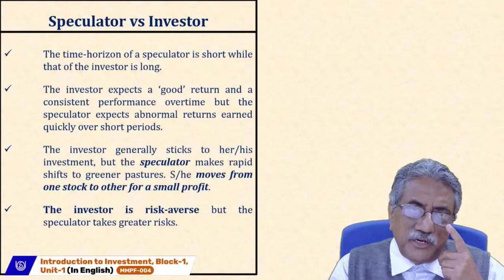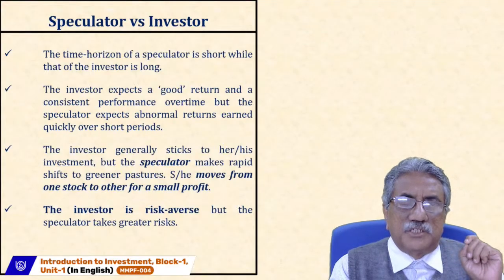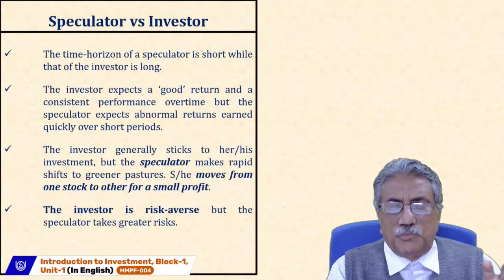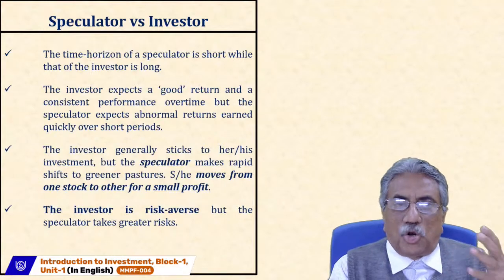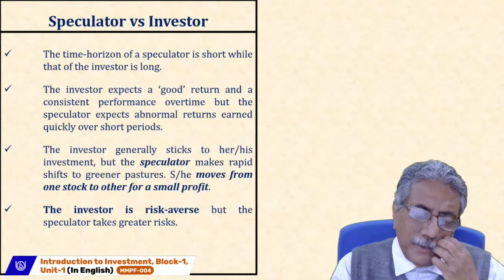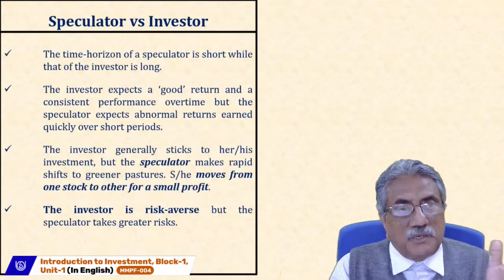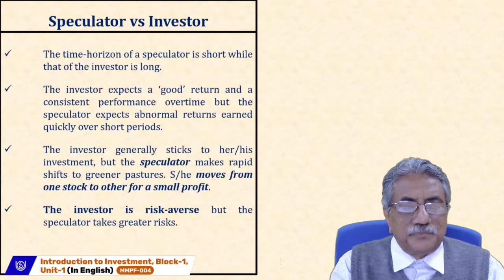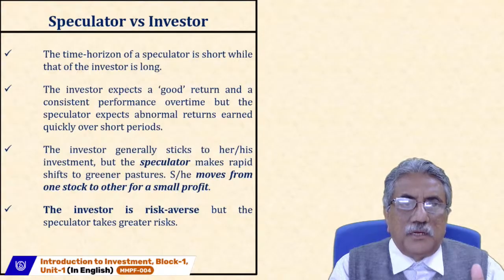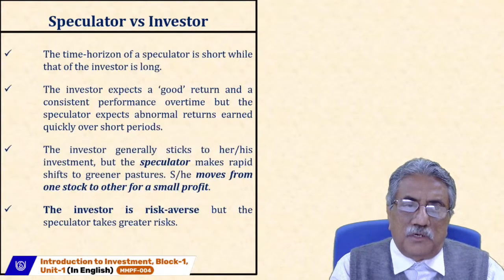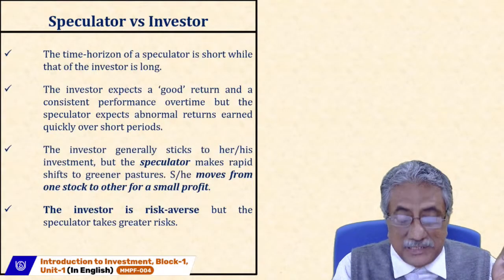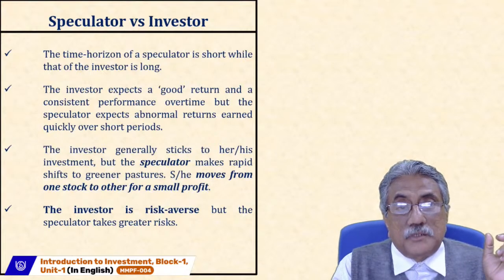The time horizon of a speculator is short, while that of the investor is long. An investor will invest in a good stock, good management, good product, and may benefit a lot in the long run. For example, if somebody had invested 10,000 rupees in Wipro sometime in 1996, a good management, with good products, one of the best in the IT sector, as well as soap and FMCG products, they also used to make computers and medical equipment.